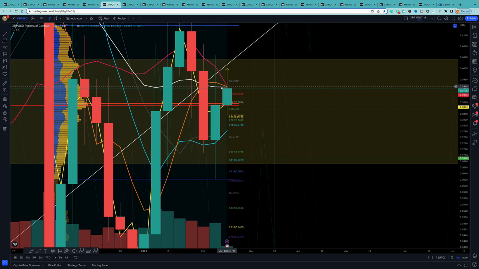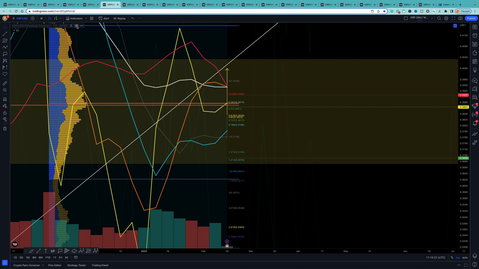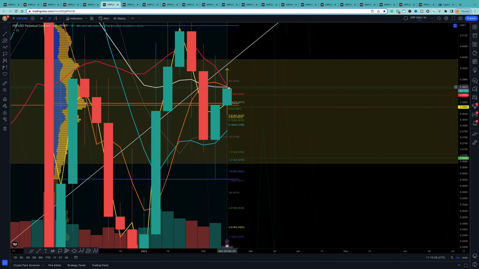Now it's testing the 20 EMA, the white one, the 5 MA, and the 20 MA. Now, I don't see it breaking through these without its own pushback. Again, you see the VWAP was down, now it's up at the moment, yeah. So we got to see.